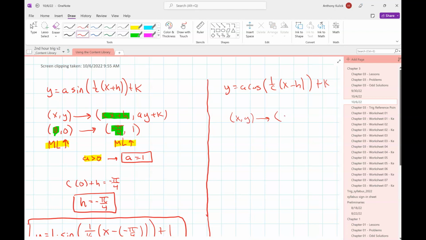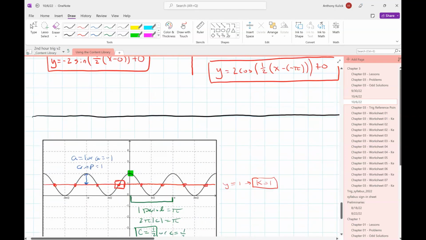So what point is Mr. Kulik going to choose from the parent function for cosine? Do you remember? 0, 1 is what we used. And what kind of point was 0, 1? It is a max. So I need to go and pick some other extrema from here.